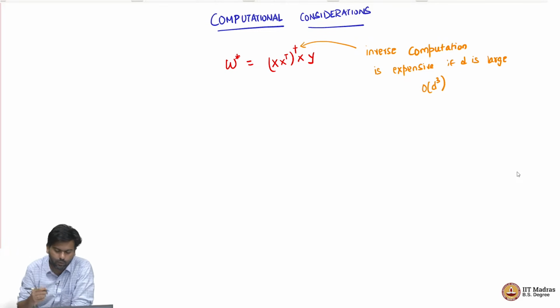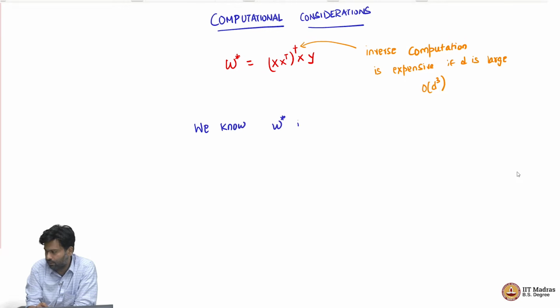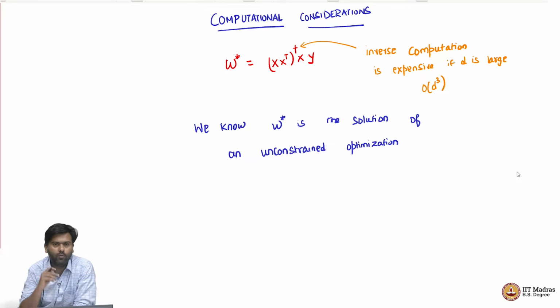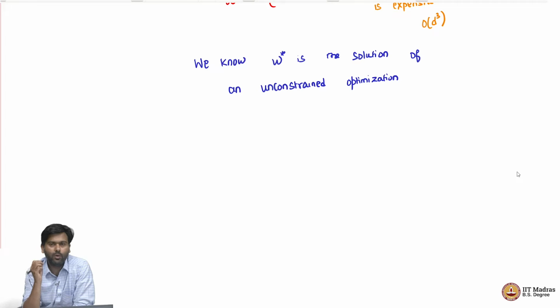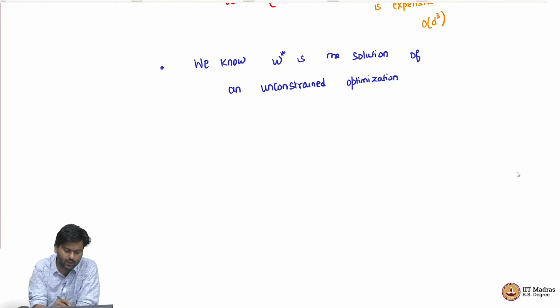Now, without computing the inverse, can we do something? Well, we know that W star is the solution of an unconstrained optimization problem. Remember, W star is just the minimizer of the sum of the squared errors, or the average of the squared errors of the prediction W transpose xi minus yi, right?